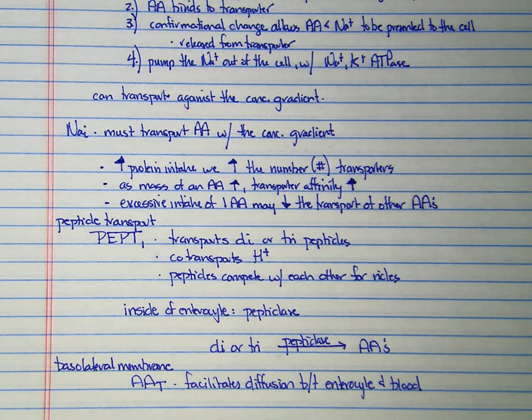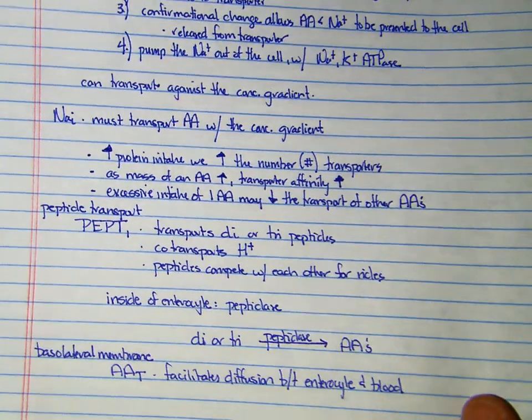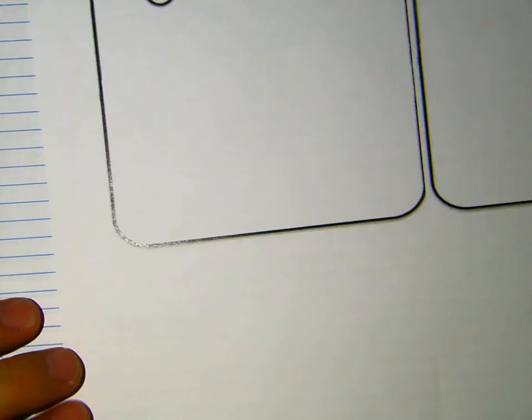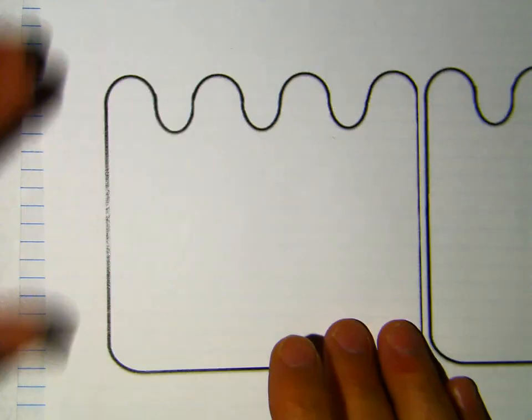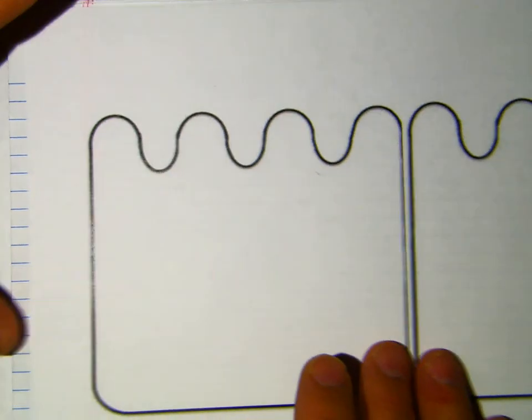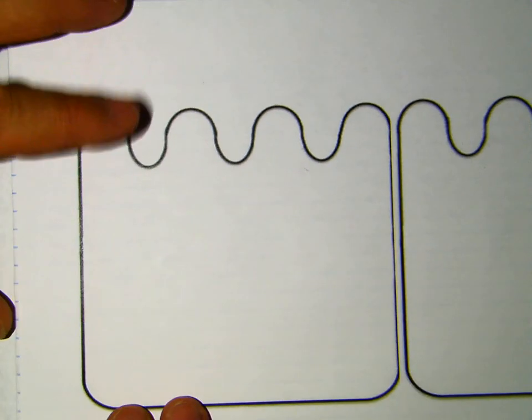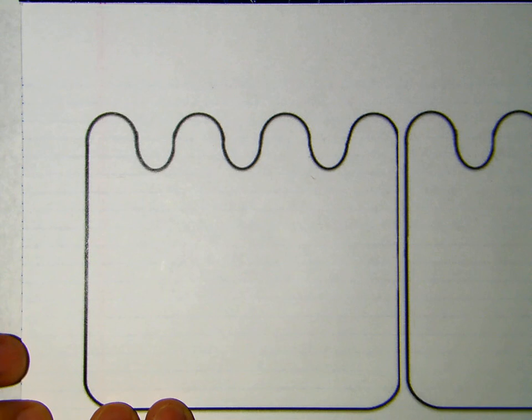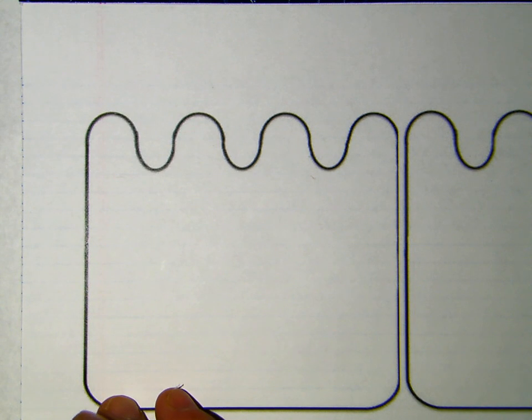What you're going to want to do now is grab a enterocyte, and we'll draw an enterocyte for protein really quick. I don't know that we'll do it quickly, but we'll do it. So here's an enterocyte. Make it visible. Okay, and the ruminant and the non-ruminant enterocyte are basically going to be the same.